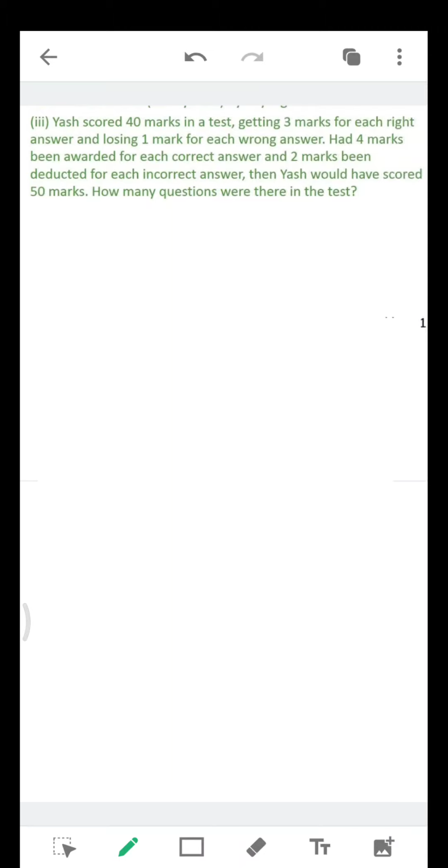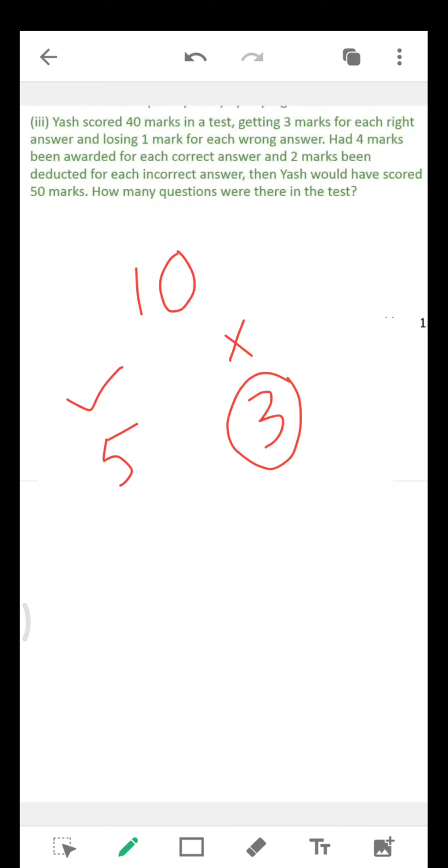Like if there are 10 questions, each correct answer gives you 5 marks and each wrong answer deducts 3 marks. That is called negative marking.